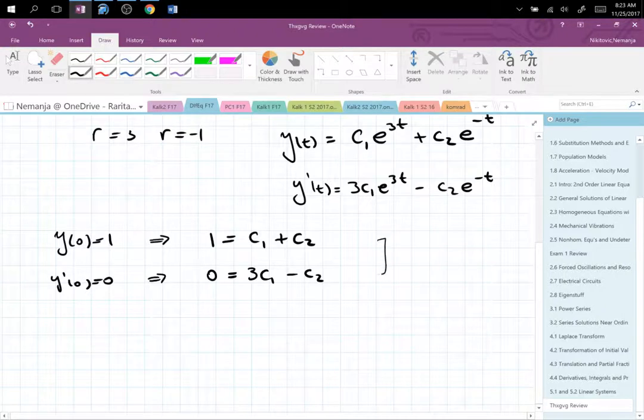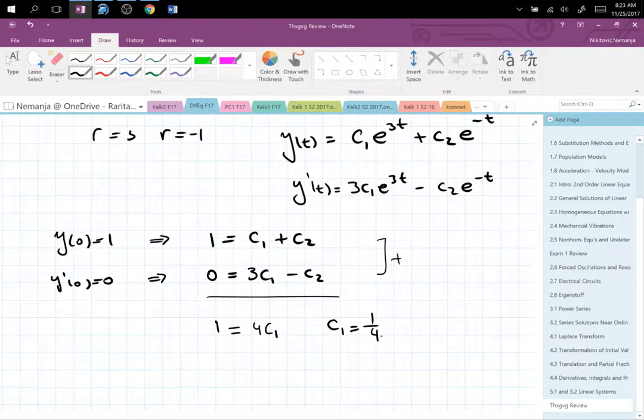Now, the fastest way to solve this particular system is to add the two equations. So we have 1 equals 4c1, and c2 is cancelled, from where c1 is equal to 1/4. And if c1 is 1/4, then c2 better be 3/4, so they add to 1.